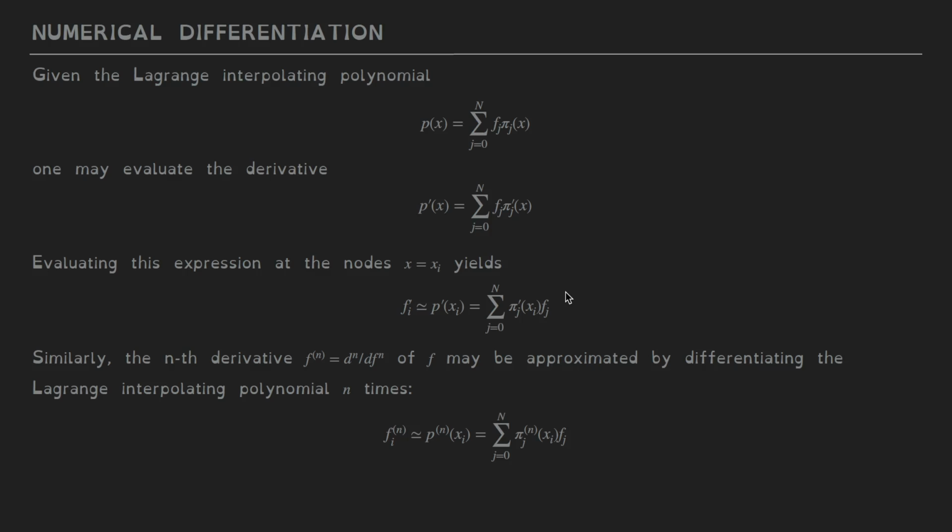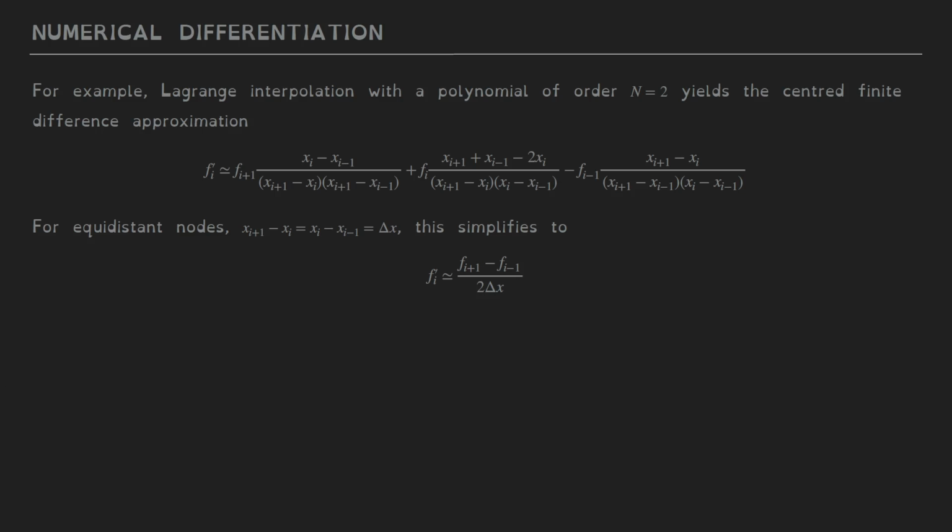You can do the same thing with higher order derivatives. So if you take the nth derivative of this polynomial, then that amounts to taking the nth derivative of the Lagrange basis polynomial pj of x and substituting x equals xi.